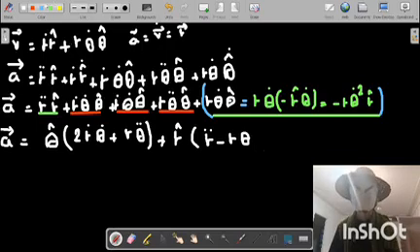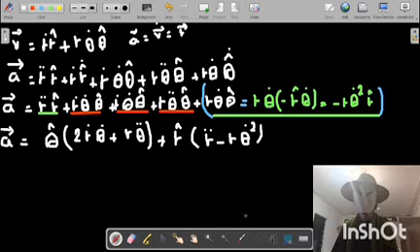Alright, minus r hat theta dot squared. There you go, ladies and gentlemen.